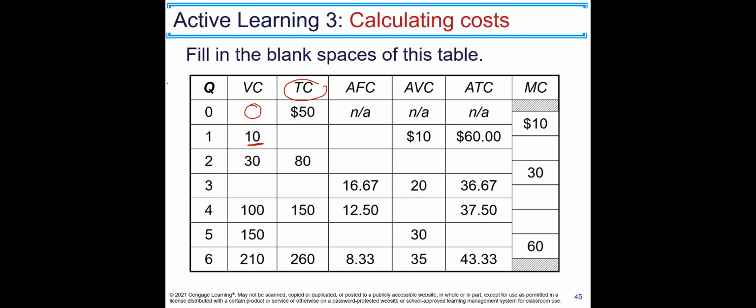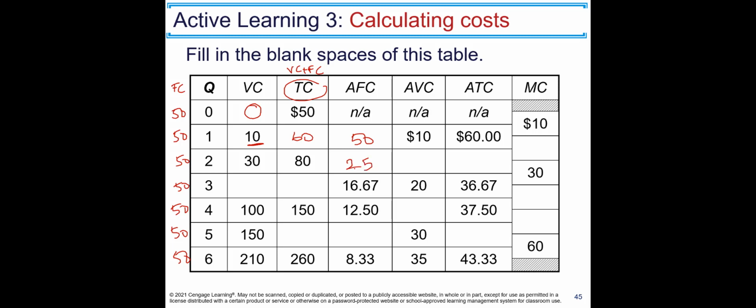It's not written here, but there is a fixed cost, because total cost is the sum of VC plus FC, and VC is 0 at zero output, so the total cost of 50 is the fixed cost for every level of output. And here 10 plus 50 should be 60. AFC should be 50 because 50 divided by 1 is 50. Here this blank is asking for the AFC of producing 2 units.